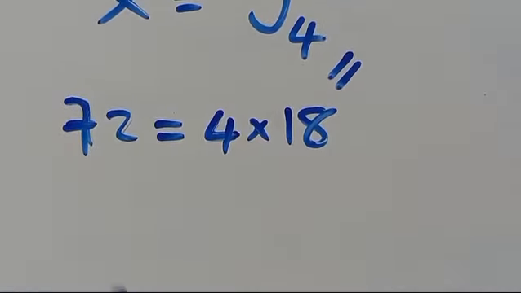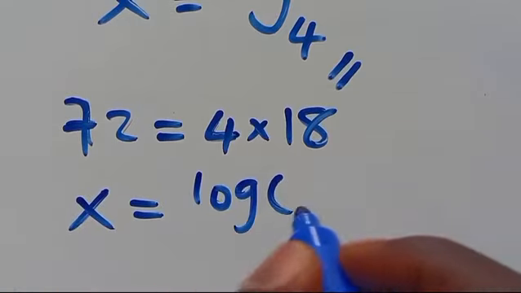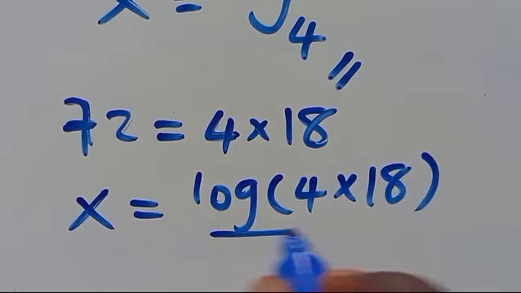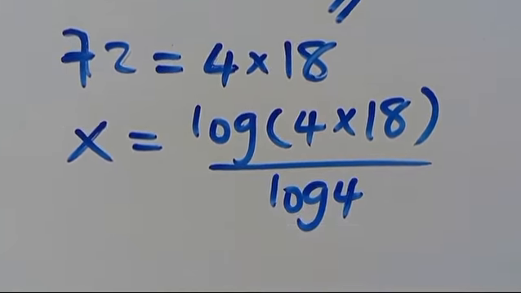So we are going to have x to be log of 4 times 18 over log 4.